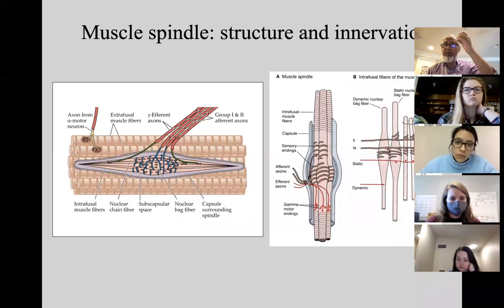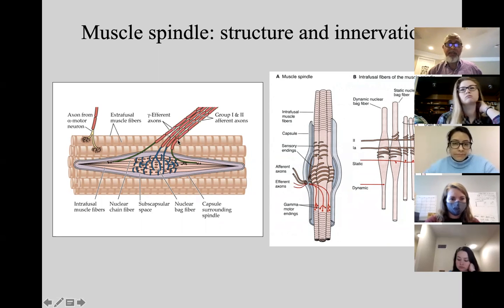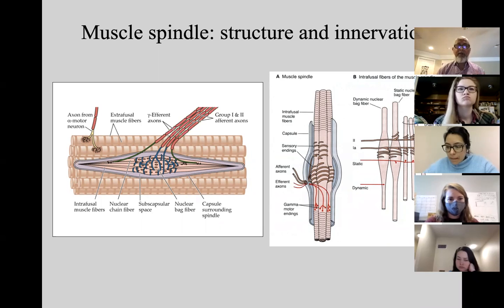And the signal coming from the brain or spinal cord to the muscle, we call efferent or descending or motor. Now look at this one. These two are actually motor fibers. These are the sensory fibers. These are the main components of the receptor, right? So remember, the muscle spindle is the receptor located within the muscle.